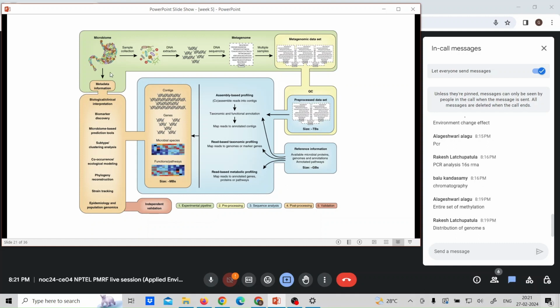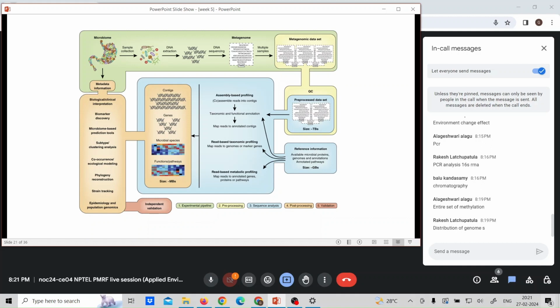Using this metadata, you can get biological interpretation, do biomarker discovery, and have a complete data set that is analyzed and verified. Based on that, you can have microbiome based prediction tools.